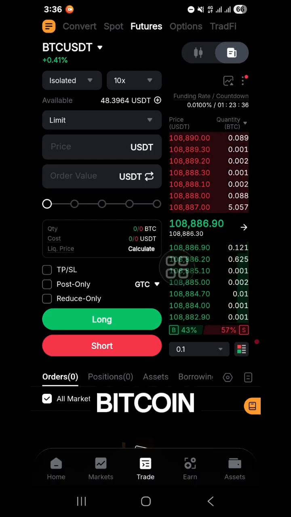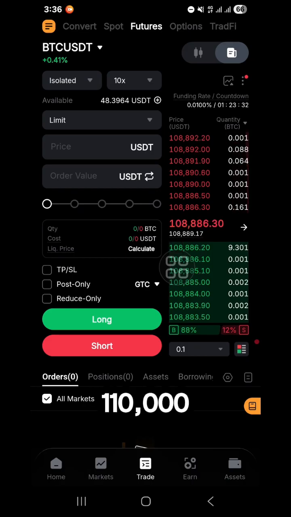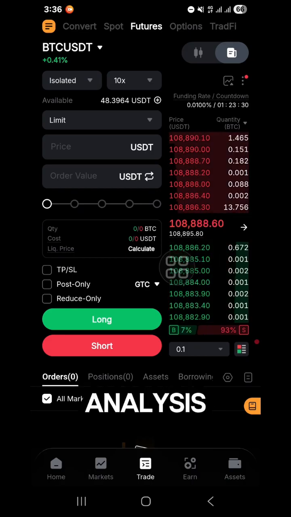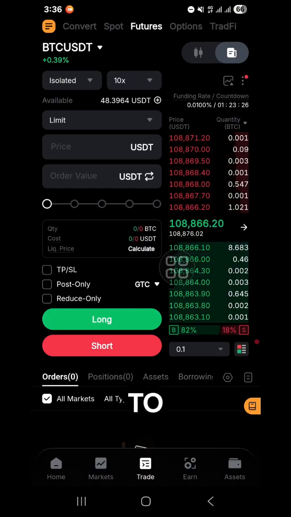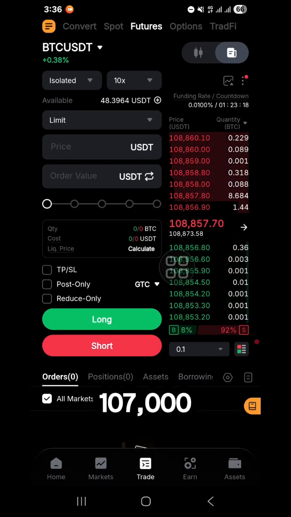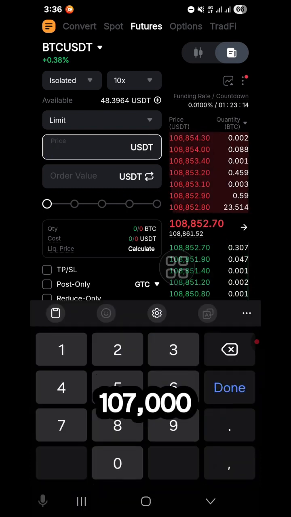If I predict that the Bitcoin price is going to increase to 110,000, probably I did technical analysis and I've seen that Bitcoin price wants to go to 110,000. But before it gets to 110,000, it is going to first dip to, let's say, 107,000 first. So it means I want to enter at 107,000.